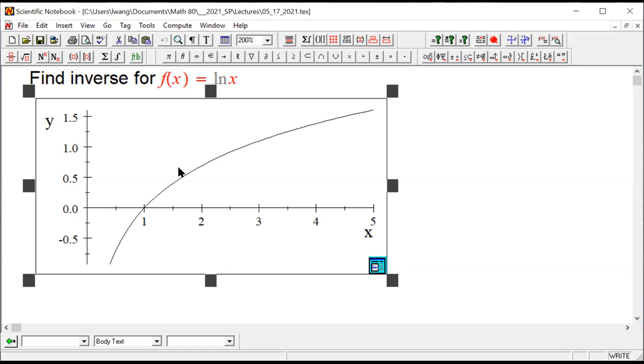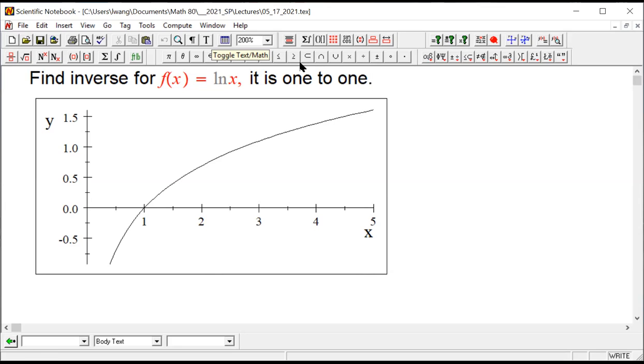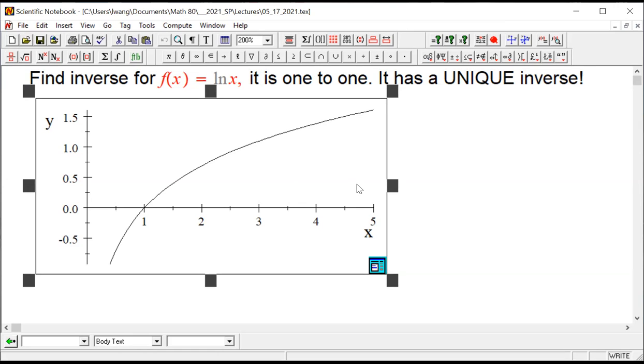It passes both the vertical line test and the horizontal line test. It is 1-to-1, so you can make your claim. And it has a unique inverse.